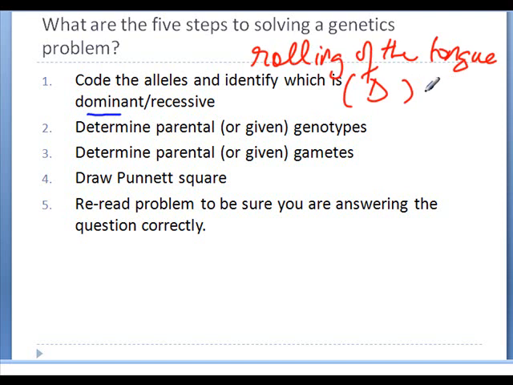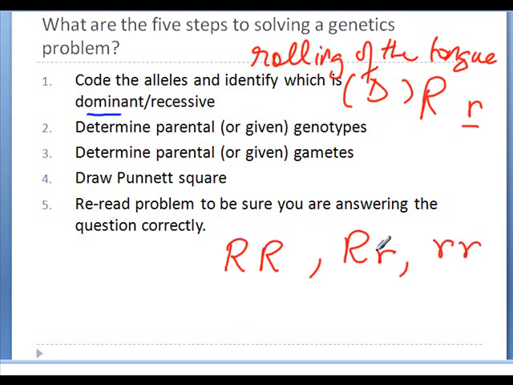So now we can call that capital R as the dominant, and the small r could then be the recessive allele. Now, if we are talking about parental genotypes, is it capital R, capital R, or capital R, small r, or are they small r, small r? That would be the second step.